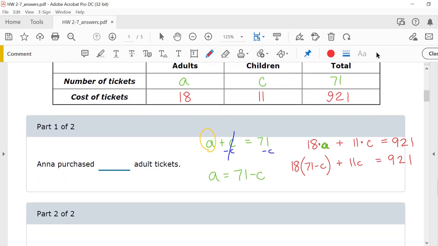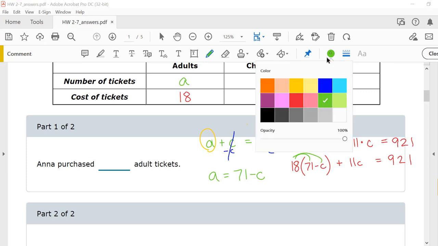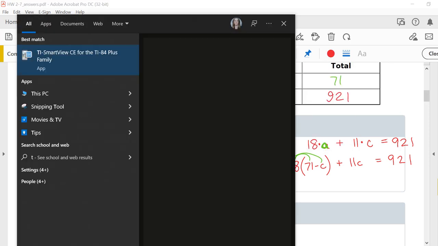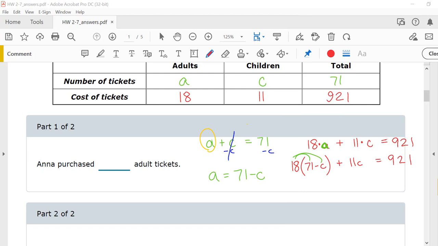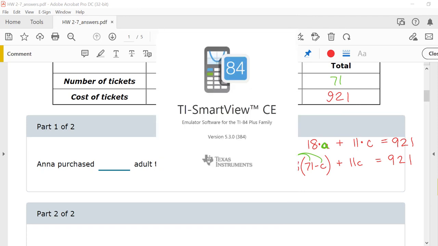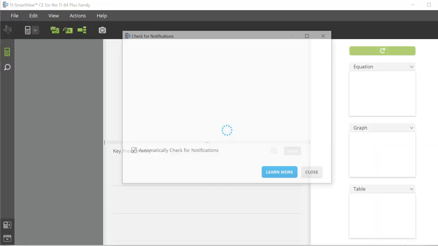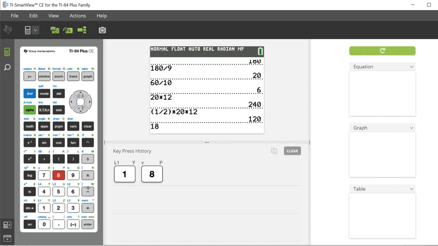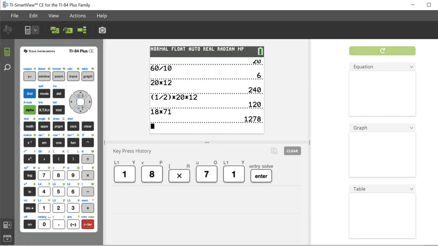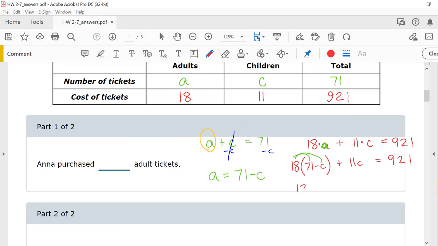Now we need to solve that equation. So let's go distribute. 18 times 71, 18 times C. So here we go, calculator. 18 times 71 is 1278 minus 18C, and then I have plus 11C equals 921.